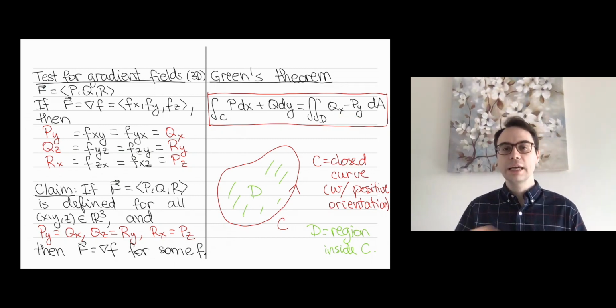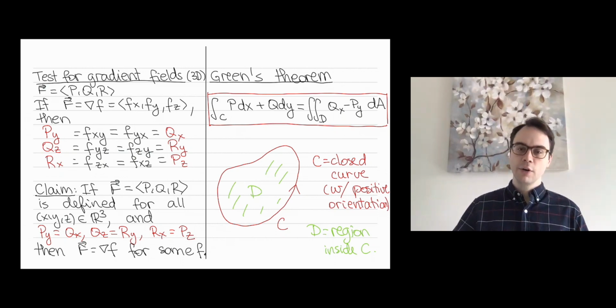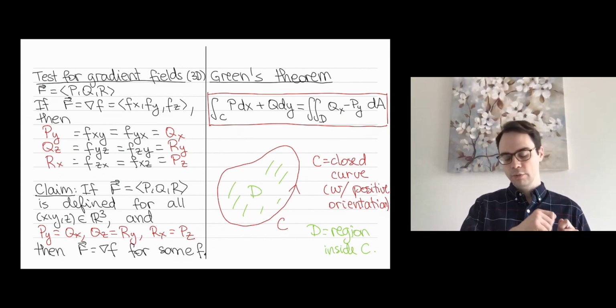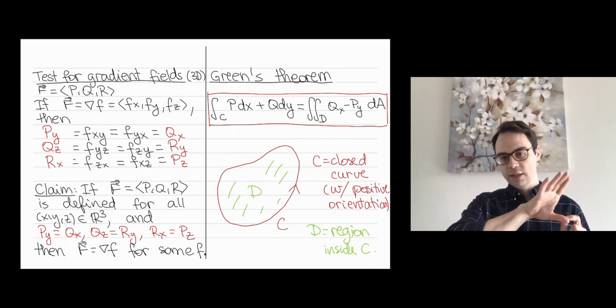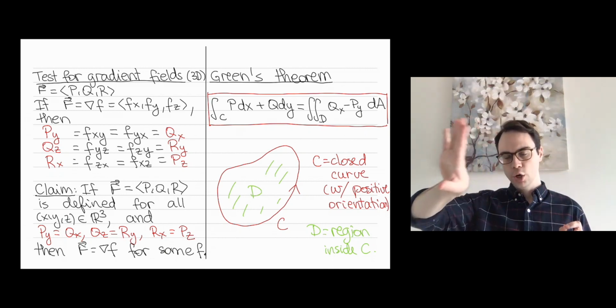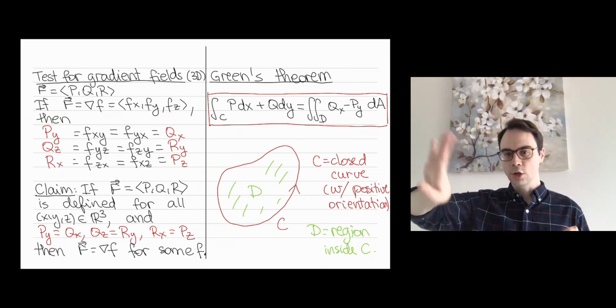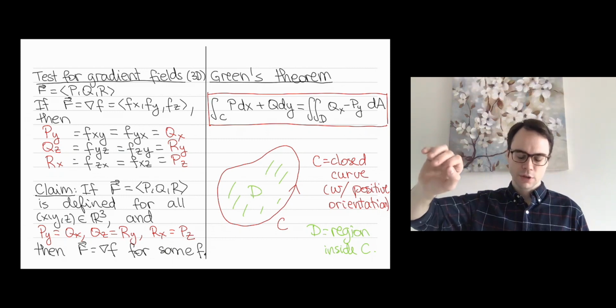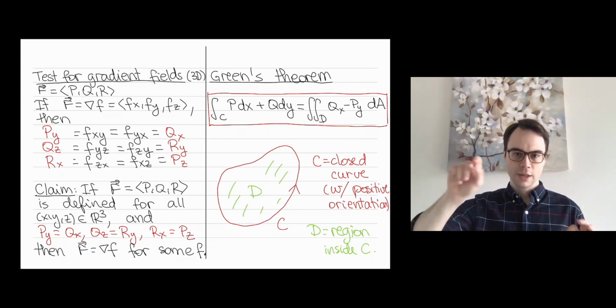So this is much like the fundamental theorem of calculus for line integrals, where if I integrate a gradient along a curve, I can just forget about the curve and just evaluate the values of the function I'm differentiating at the two endpoints.